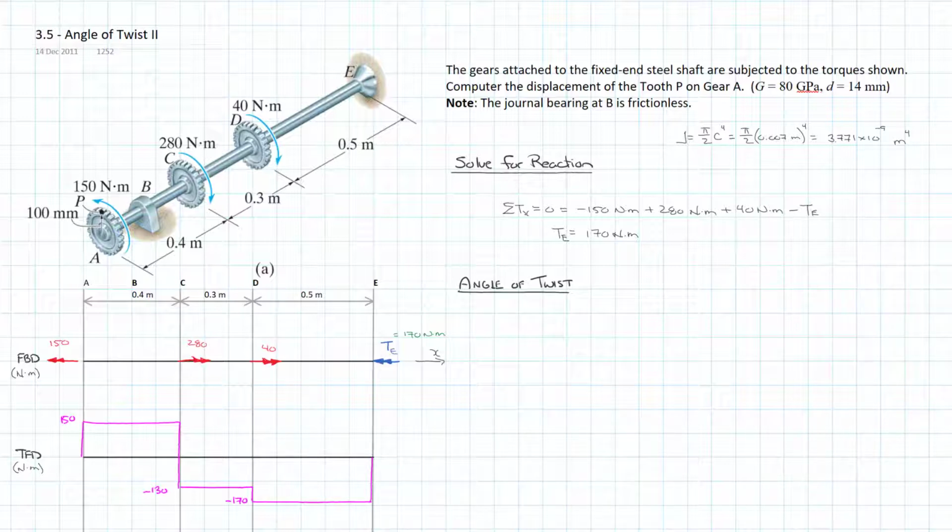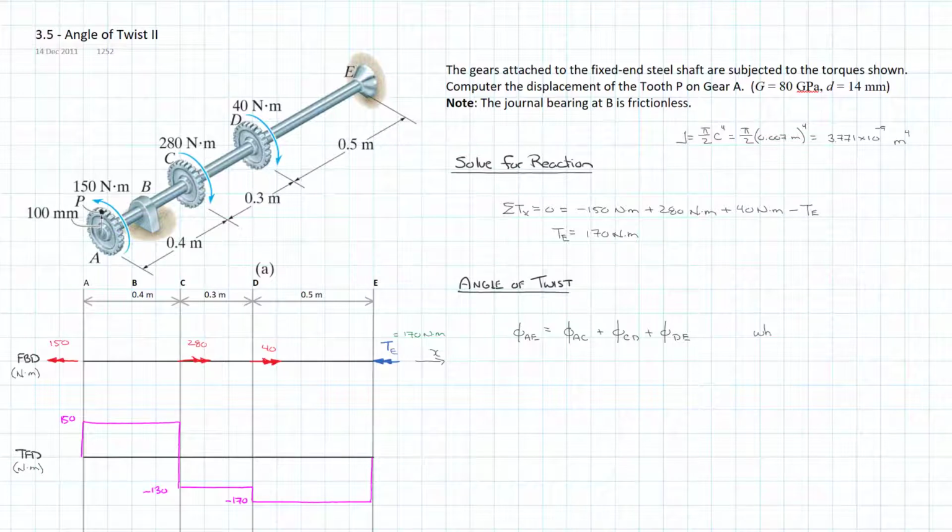In this case, we're interested in the overall angle of twist between A and E, and that is going to be equal to the sum of the angle of twist between A and C plus the angle of twist between C and D plus the angle of twist between D and E. And because we're going to want to graph it, I'm going to calculate each of these independently so we can get the steps along the way so we can graph it.